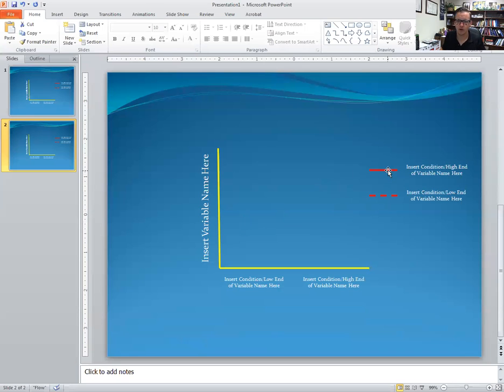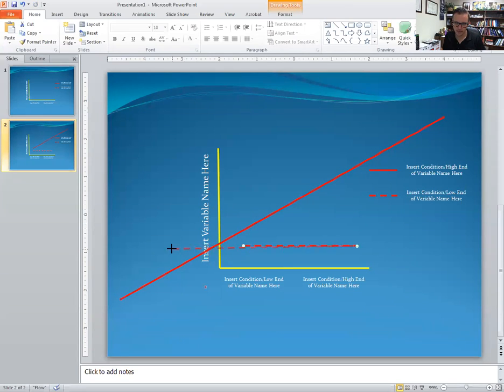Here's a graph. Let's say that you've got one line that does this, and you've got another line that does this. Now, on this graph, these lines don't actually cross right now. But what matters is if you were to project either of these lines out to infinity, would they ever eventually cross?